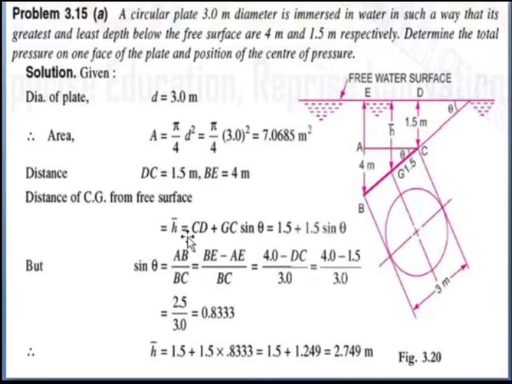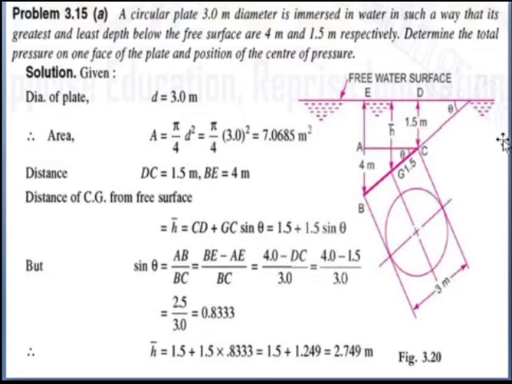But in this problem they have not given an angle, they have given the distance or the depth below the free surface, the greatest and the least depth below the free surface. The greatest depth is 4 meter and the least is 1.5. So one edge is at 1.5 meter and the second edge is at 4 meter from the free surface of the liquid.